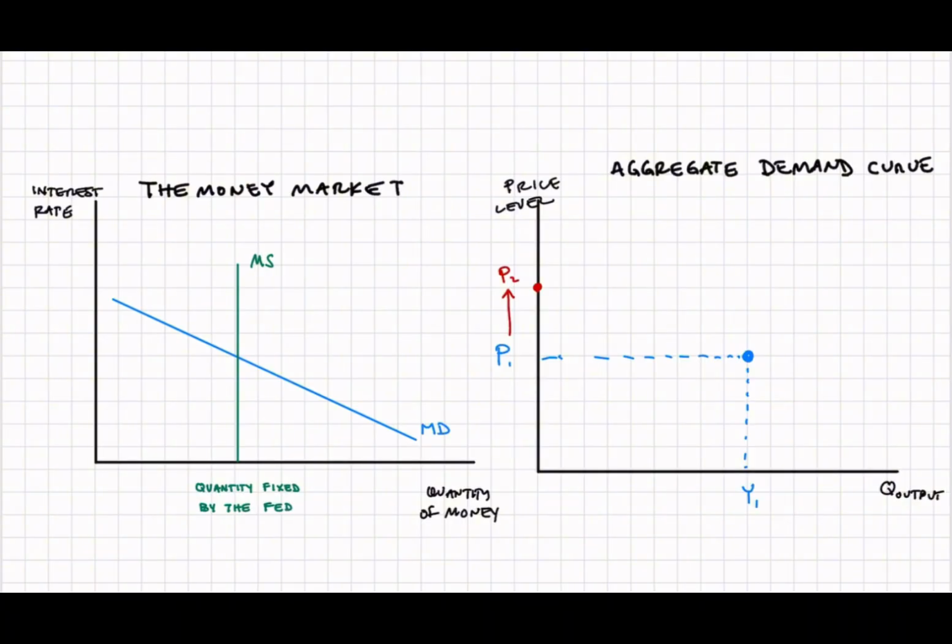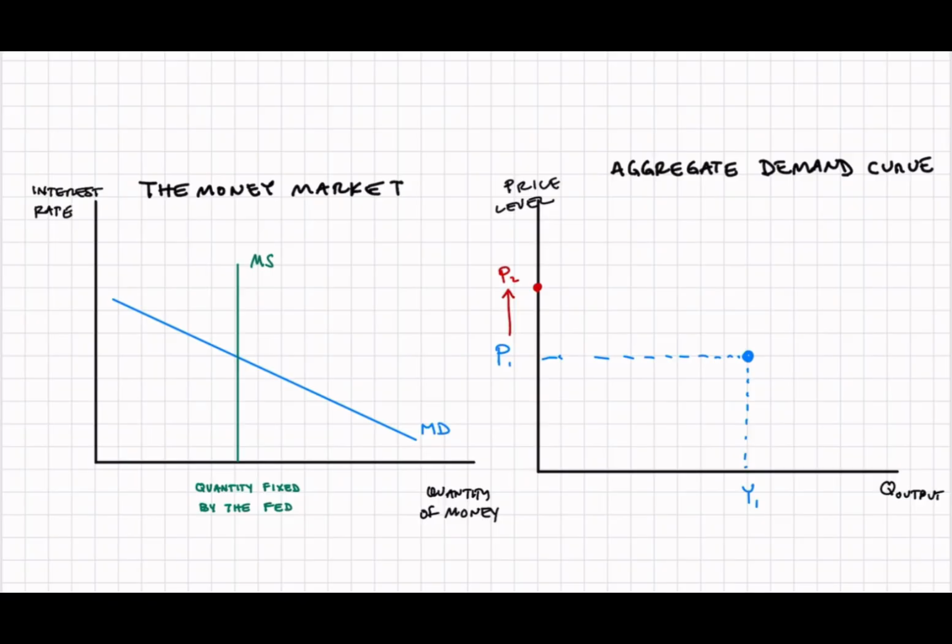And that's downward sloping. As the interest rate goes down, the quantity of money increases. Because as interest rates are high, consumers are willing to hold less money and save more of it to take advantage of the high interest rates.